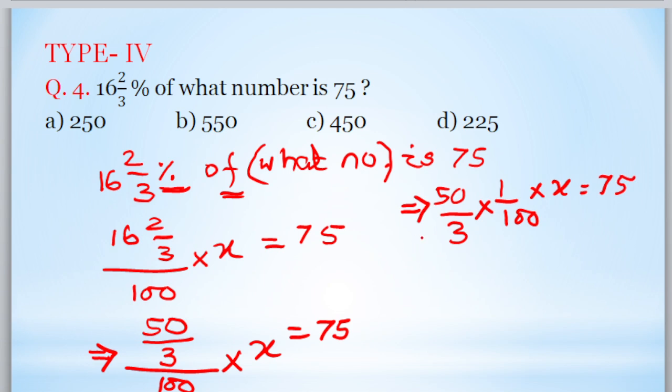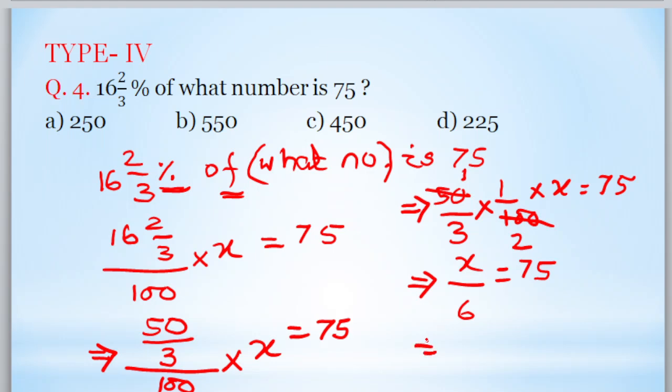Now here, when 50 is cancelled by 50, it becomes 1, and when 100 is cancelled by 50, it becomes 2. So this implies x into 1, that is x, divided by 3 into 2, that is 6. So that is equal to 75.